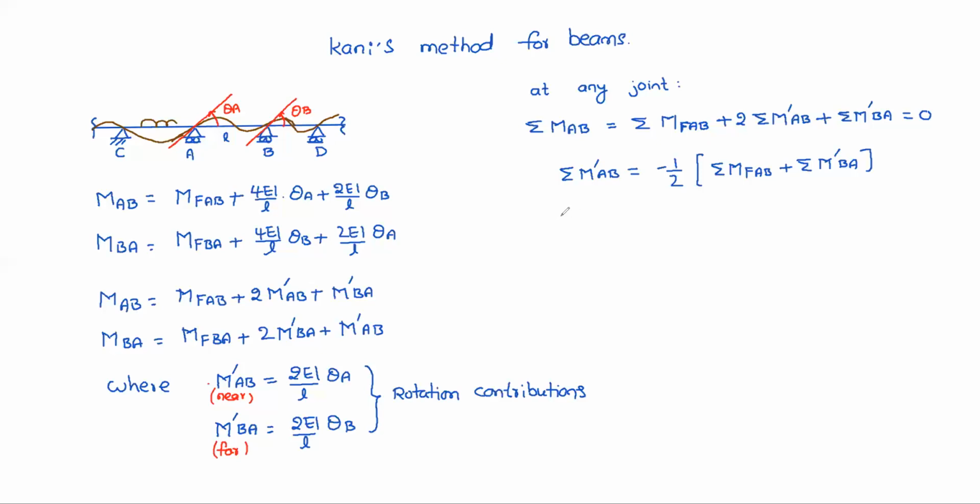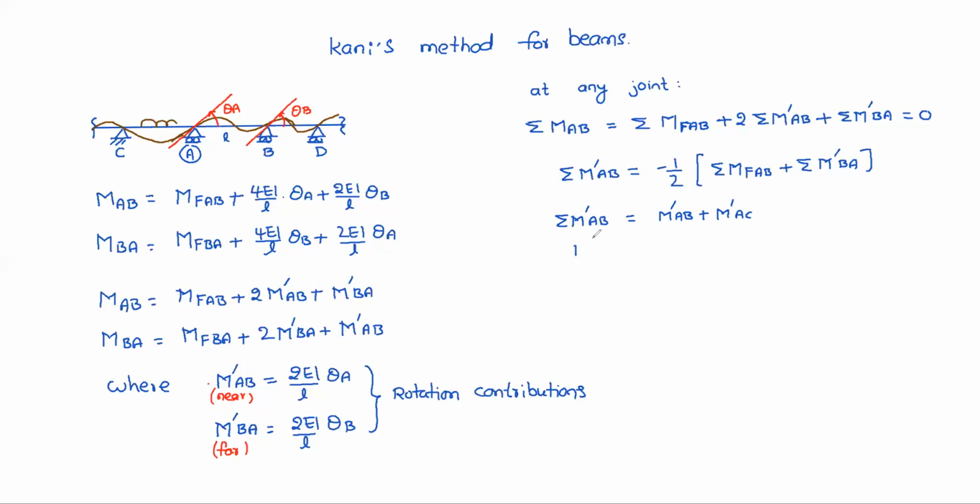Here sigma M dash AB means M dash AB plus M dash AC for joint A. If you consider joint A, near end contributions are AB as well as AC. So how to calculate this?